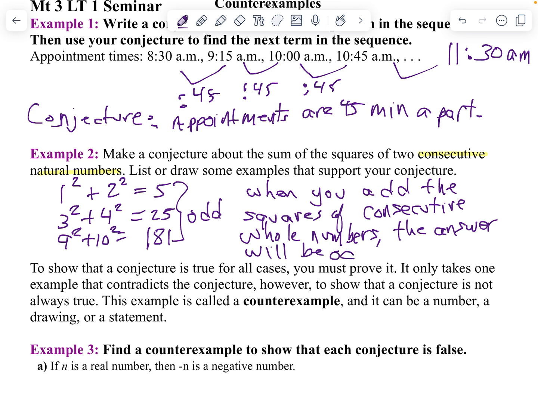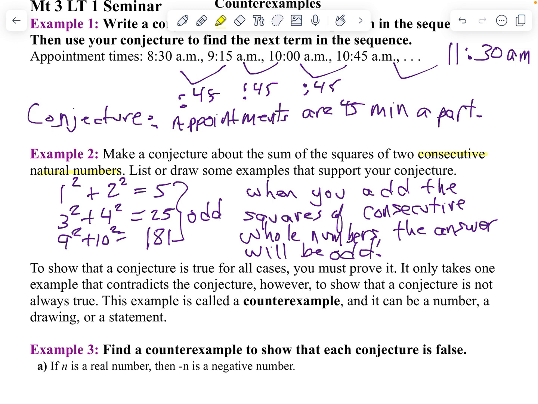The thing to remember about a conjecture is it's a guess. Not all guesses are going to be correct. So when a scientist does something and then somebody else does the experiment and they get a different result, then they say, oh, your conclusion was not right. In order to show a conjecture is true, you can't really show it with inductive reasoning.